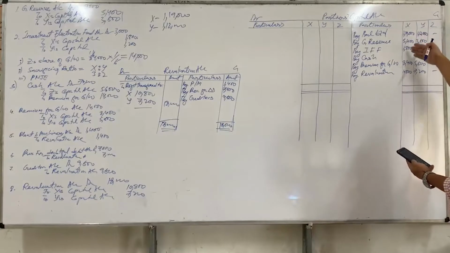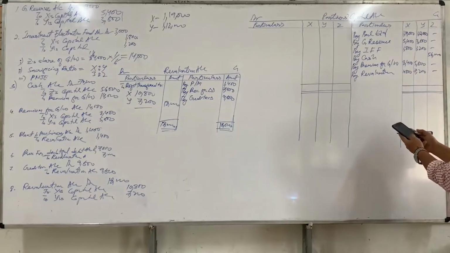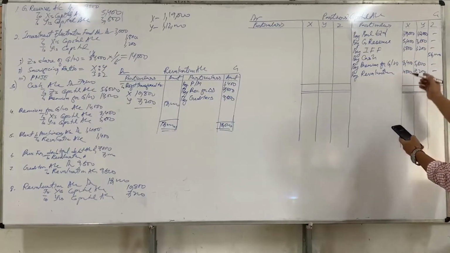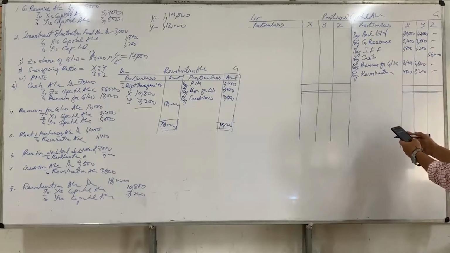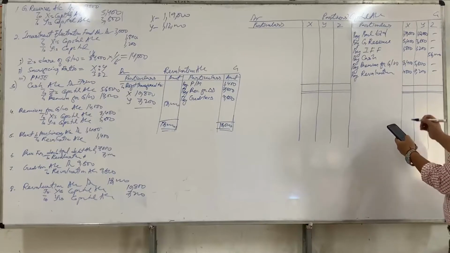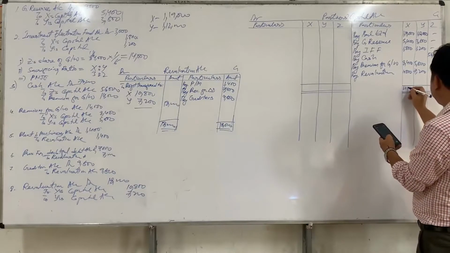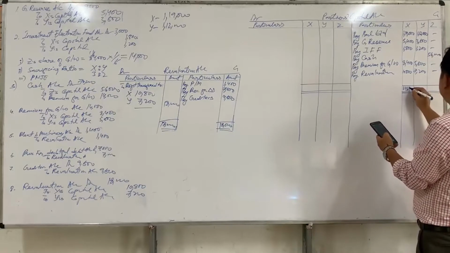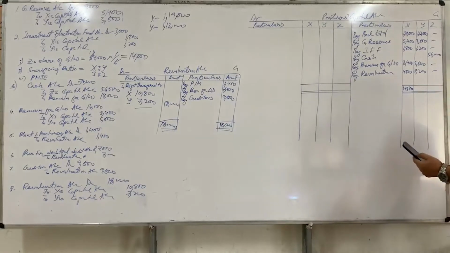If we add 1,19,000 plus 5,400 plus 1,800 plus 8,400 plus 10,800, how much do we get? 1,45,400. So the total of X's capital is 1,45,400.